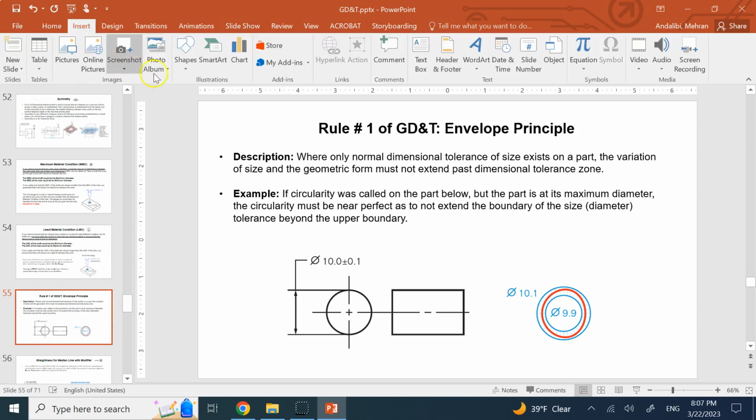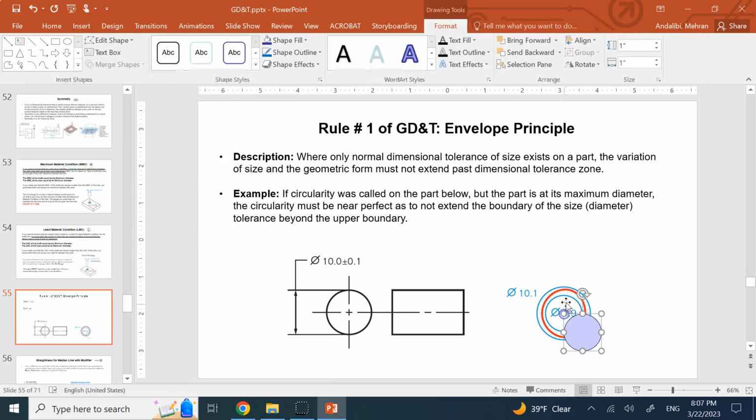Well, let's take a look. So here I create a shaft that is 10.1, like this, the biggest size, but then I distort it and I make it a little bit elliptic like this. Well, what can happen here, as you can see?